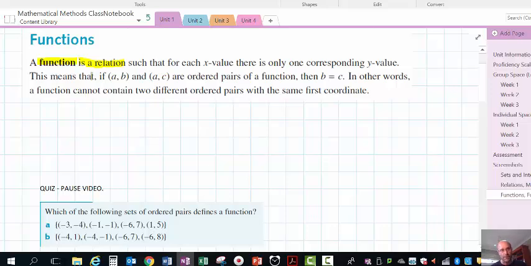A relation is a function if for each x value there is only one corresponding y value. That's very important. Now, x values are independent.